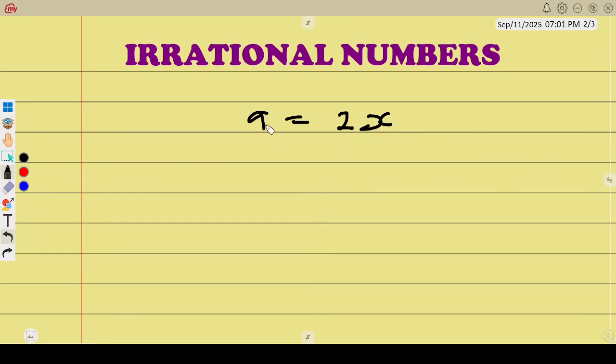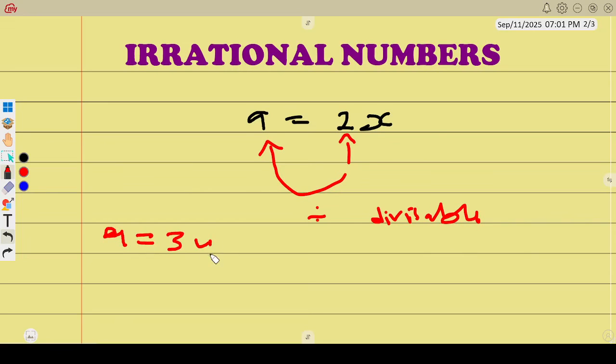It simply means that for such a number, this coefficient which is in front can go into a. It means it is divisible. Yeah, it means it is divisible. So like if we write a is equal to 3y, it means that 3 can go into a.